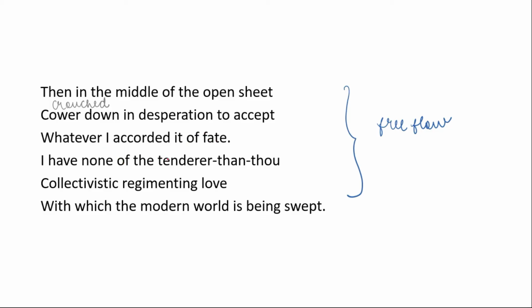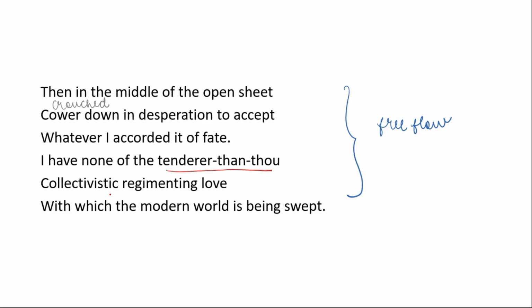I have none of the tenderer than thou, collectivistic regimenting love, with which the modern world is being swept. Okay. So the speaker says that he does not have any excessive sentimental or very gentle nature. That is why it is called tenderer than thou. He's saying he neither has a very gentle nature, nor a collectivistic regimenting love. What is collectivistic?